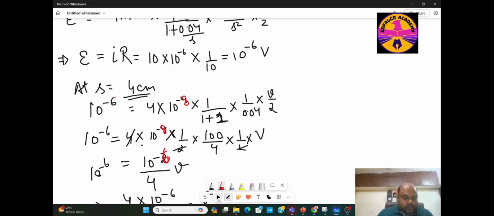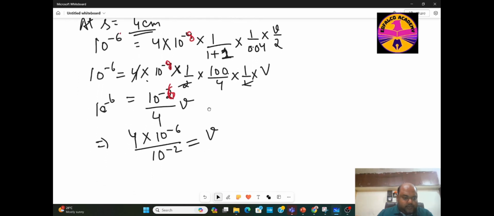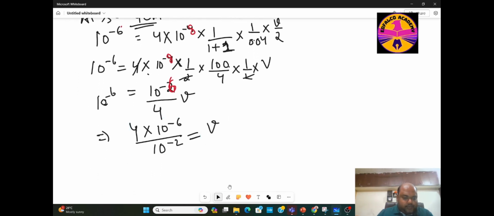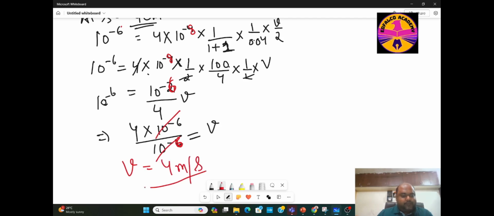Okay, and that means this is basically, it went on the other side, so this is also 10 to the power minus 6, and now these two will cancel out, right? So what you get is v is equal to 4 meter per second, correct? And that is your answer, that if it is being pulled with 4 meter per second, that is the magnitude. Then you get whatever is being told in the question.